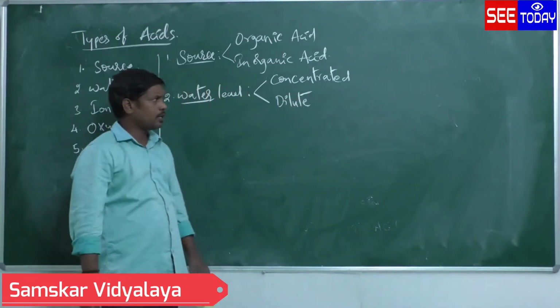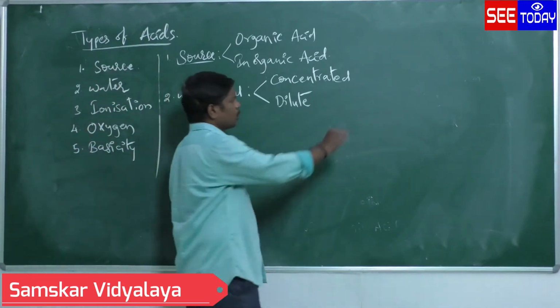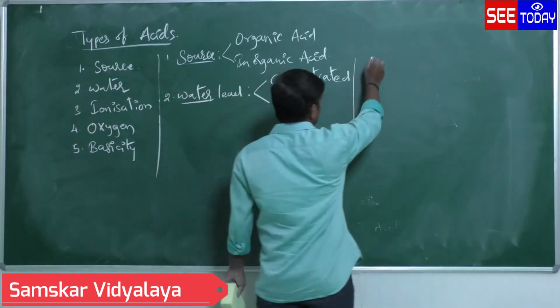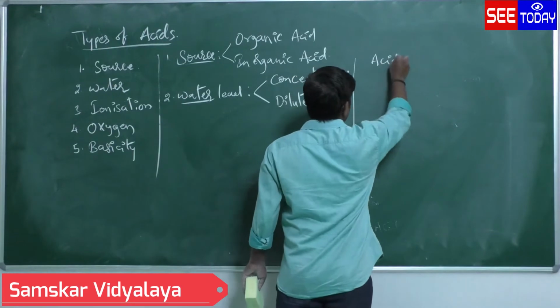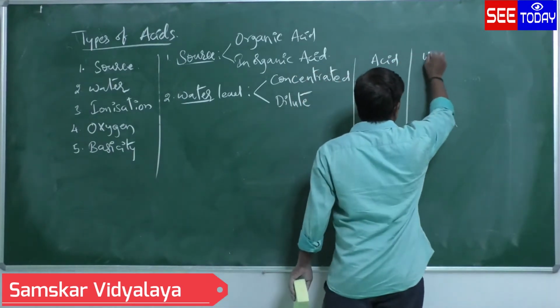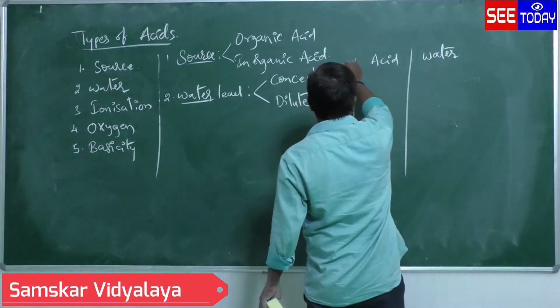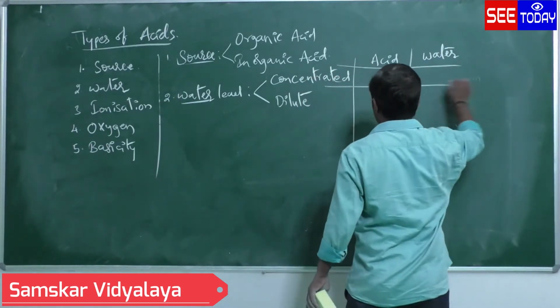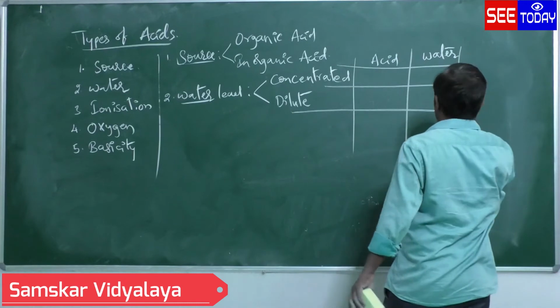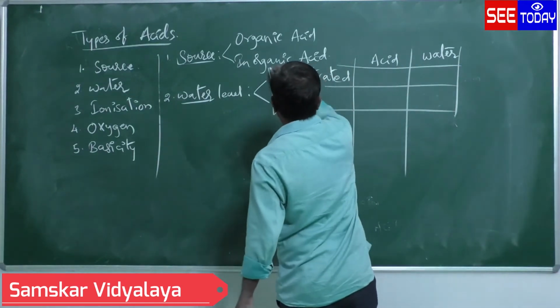So what is concentrated acid? It's very simple to understand. Let us suppose there is acid and water. Based on this water level, these acids are divided into two types mainly.